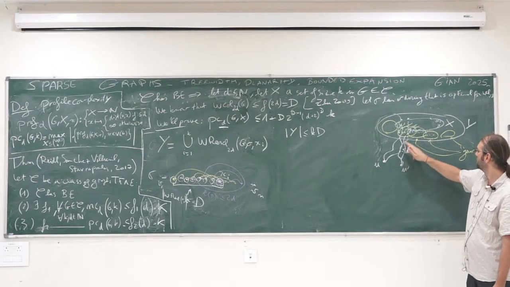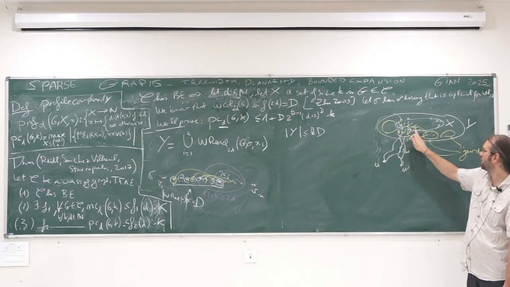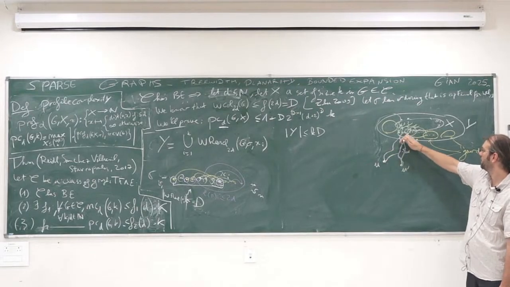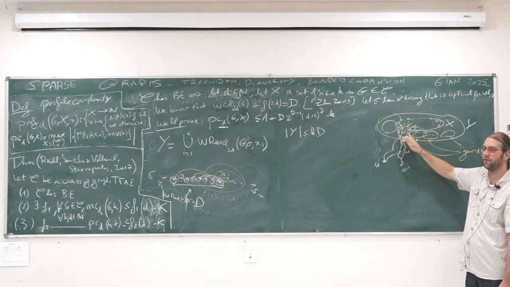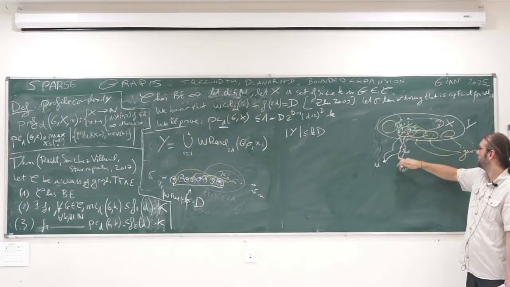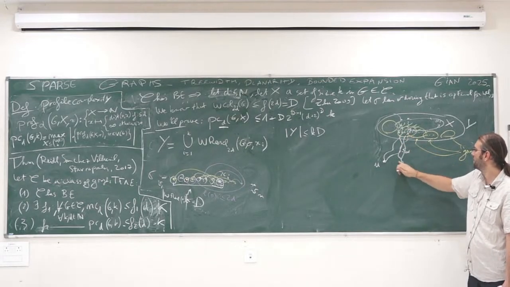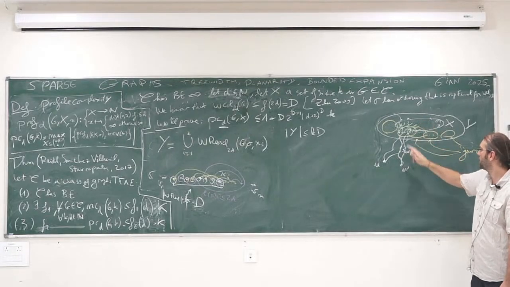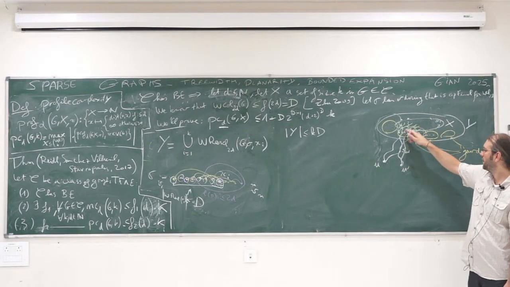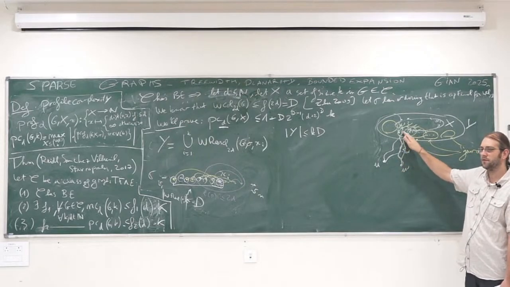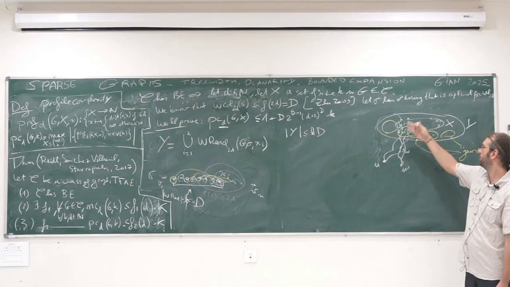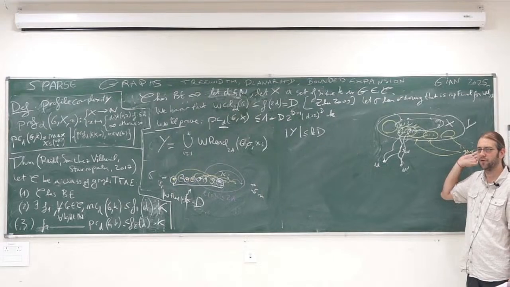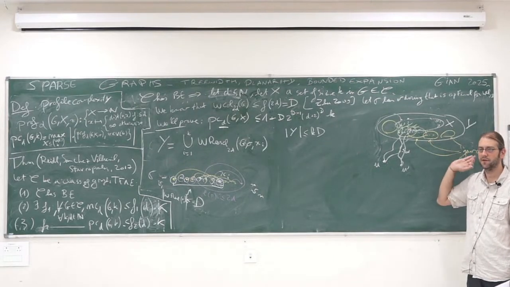Because if they have exactly the same profile to the guard, all their distances are exactly the same, which means that this and this will have exactly the same distances to x. So I will count the number of guards, and I will count the number of profiles to the guards, and that will be an upper bound on the profile complexity of this x. This is the idea.